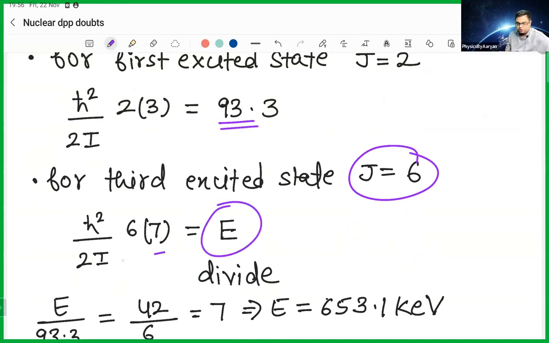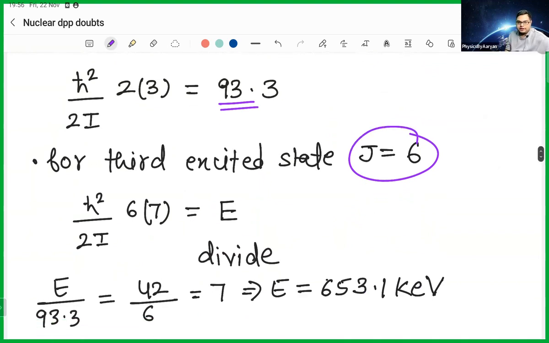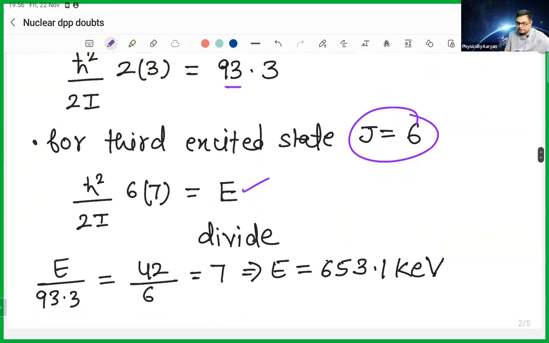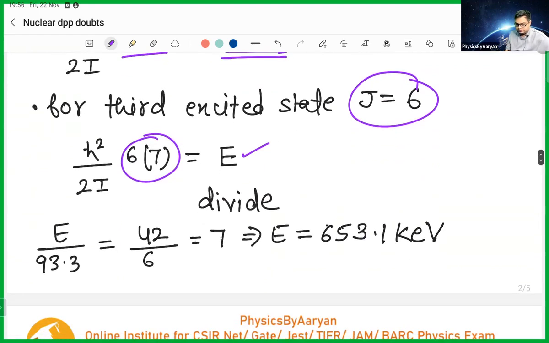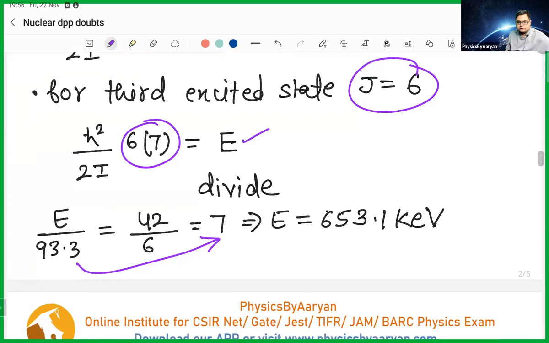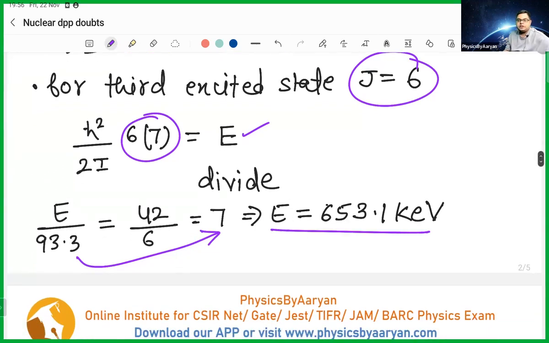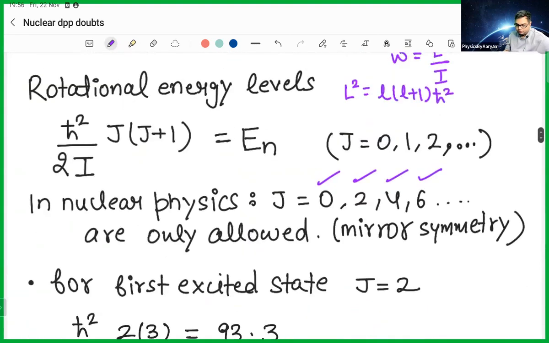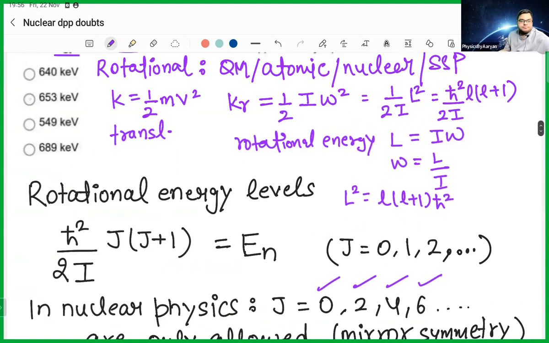This is the energy I need to find, so all I do is divide. I get E by 93.3 equals 42 by 6, which is nothing but 7. Then I multiply by 93.3 and get 653.1 keV, which is going to be option B.